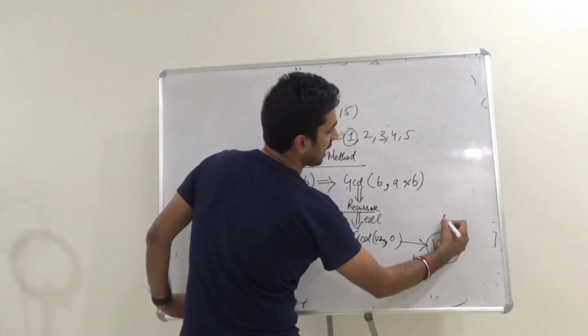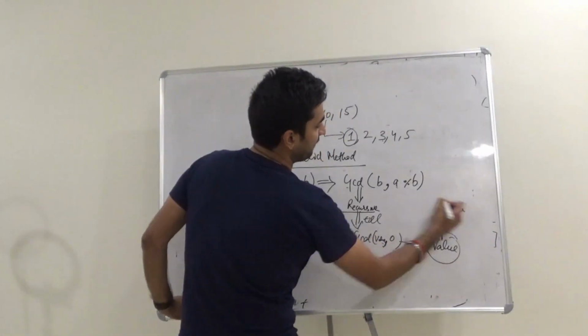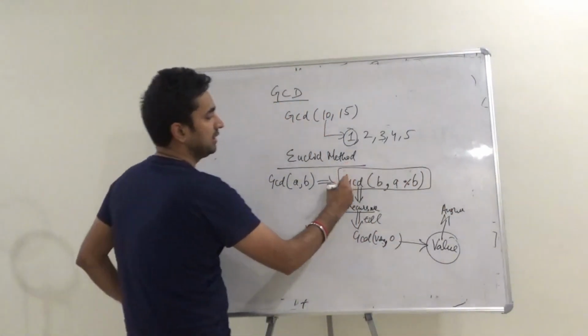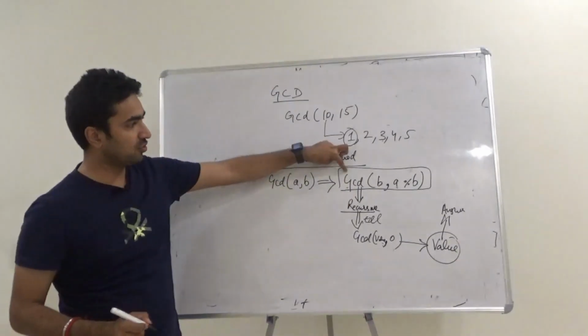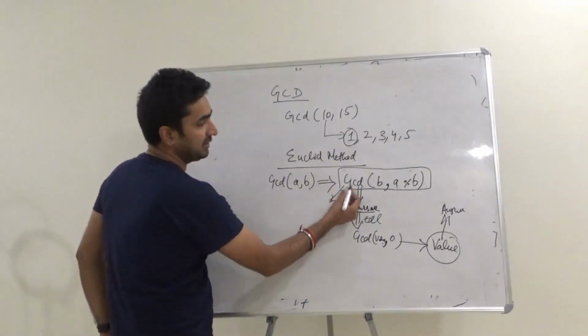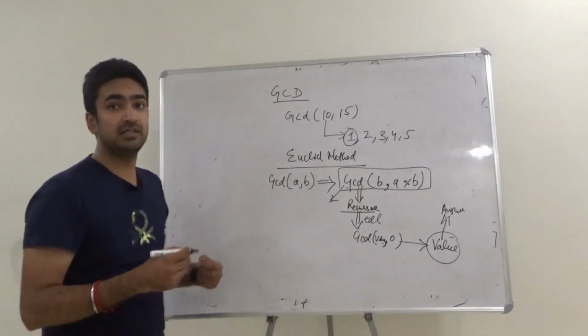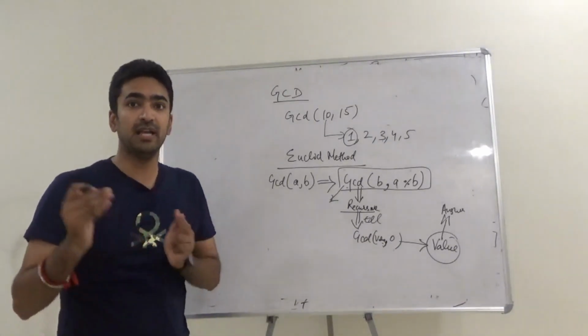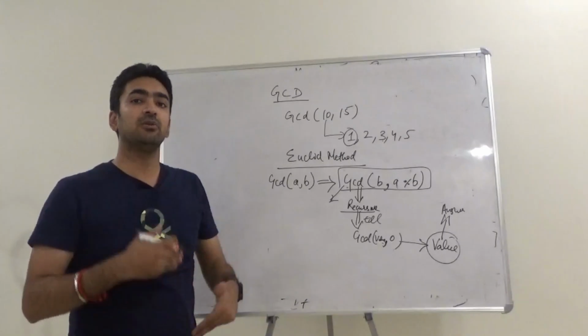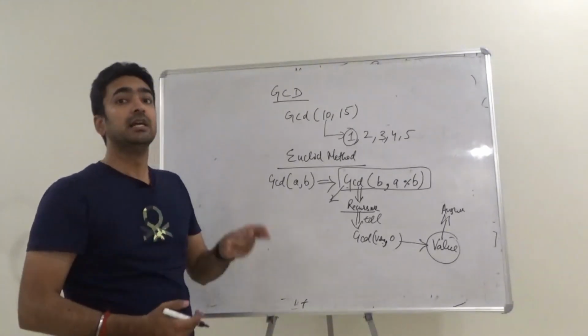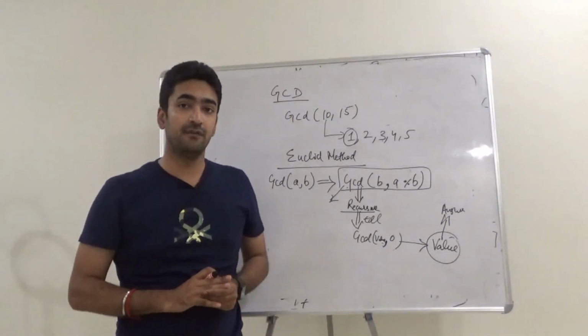So that value is your answer. Until then, GCD of b comma a modulus b has to be calculated again and again.